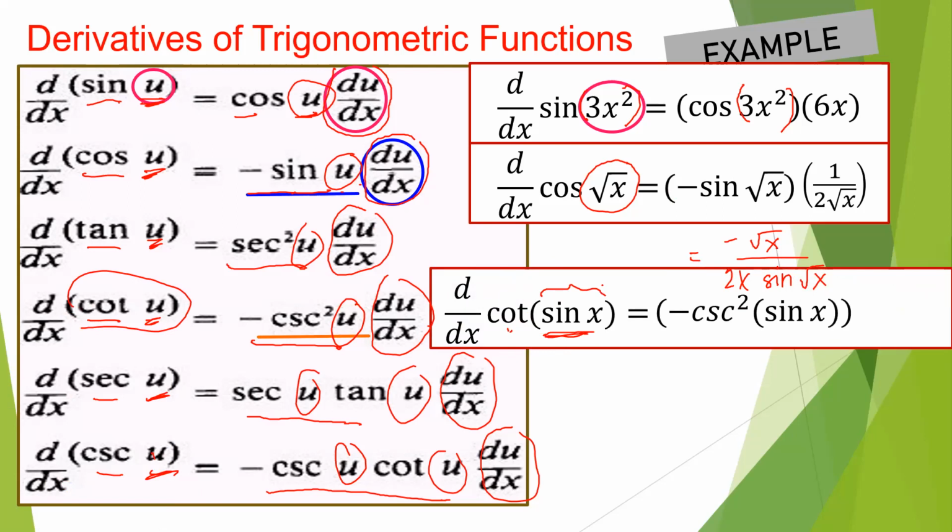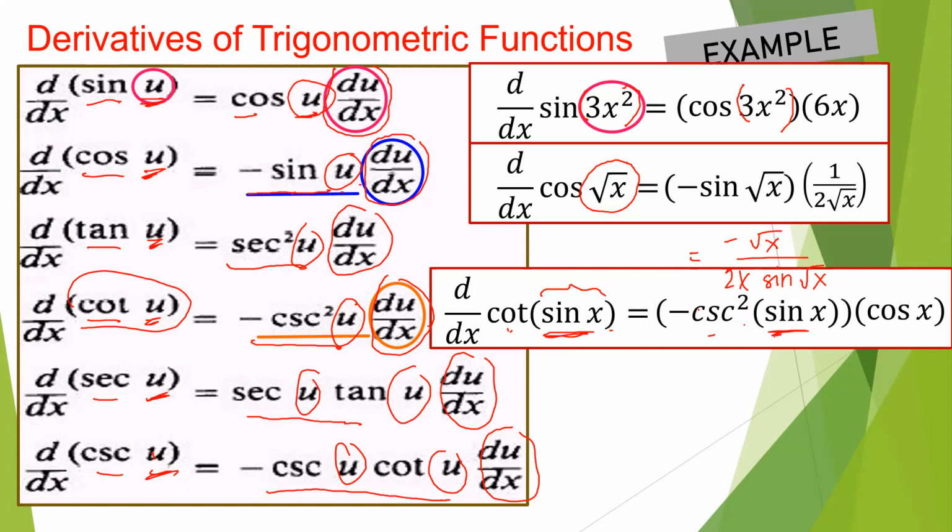Tapos saka mo i-differentiate. Don't get too excited to differentiate what's the u, ha? So there's always the copying part pa of your angle. Okay? So negative cosecant squared of that angle u times the derivative of that u with respect to x. So that will be cosine x. Okay? Or pwedeng answer natin negative cosine x times cosecant squared sine x.